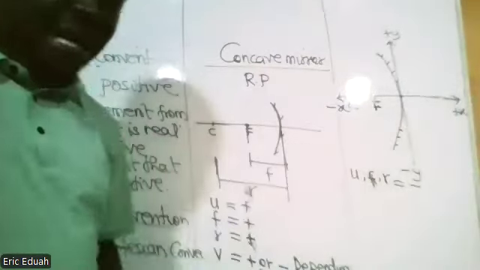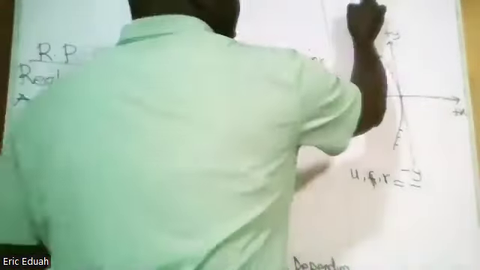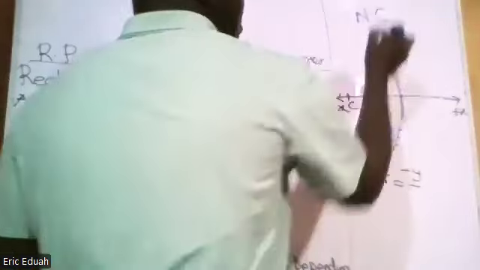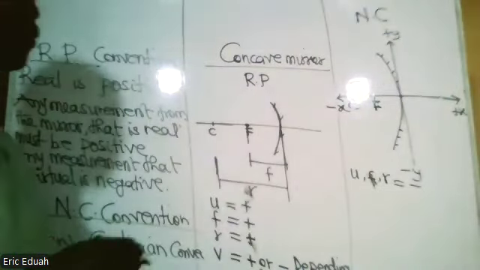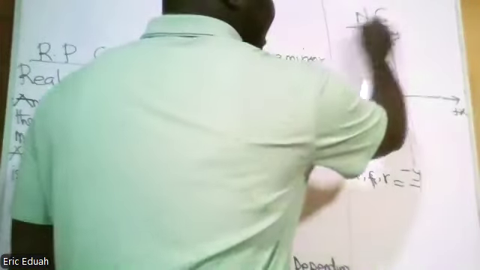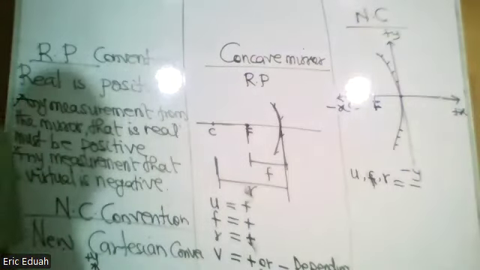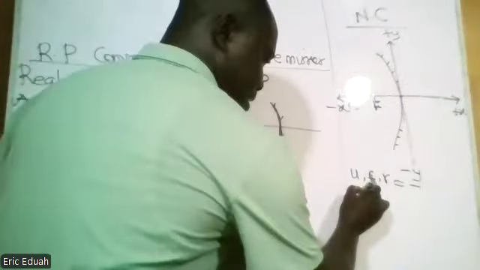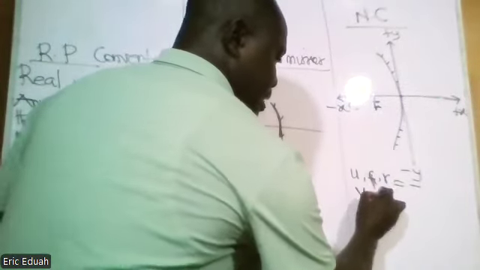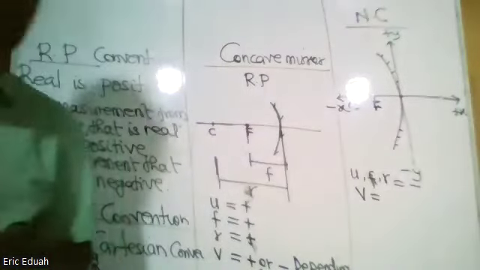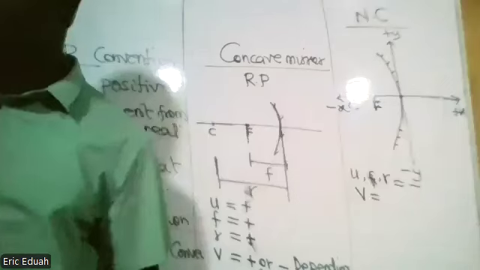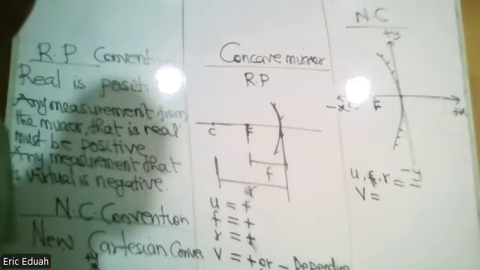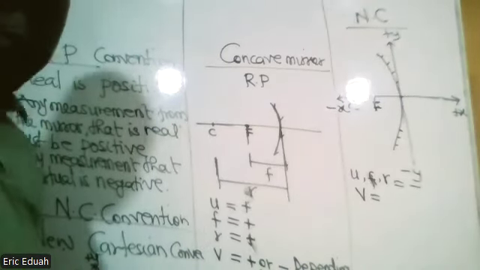So under NC, both U and R will be negative. What about V? If the image formed is real, what do you think will be the sign attached to the image distance?